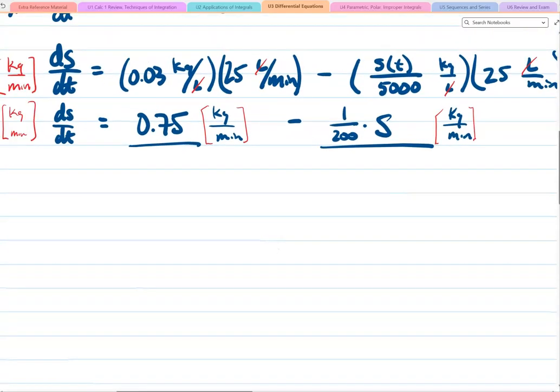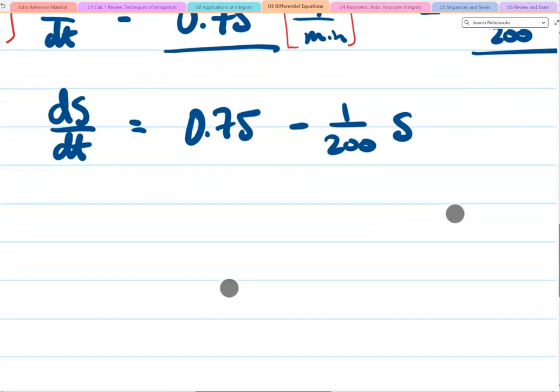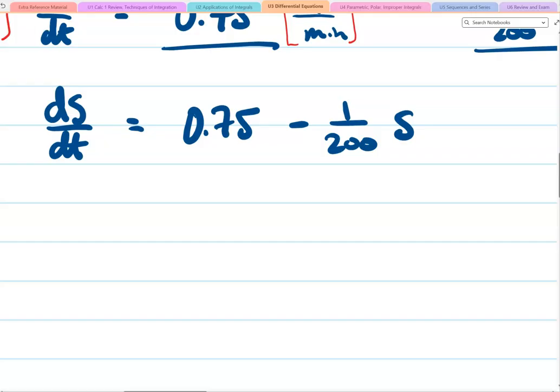So now whatever 1/200th of the existing salt mass is, that's going to be a component of our differential equation. So one more time to make the math a little bit clearer, I'm going to rewrite this function without my notes and without my units, and I'll just note that 0.75 minus 1/200th S is the differential equation that we need now to solve.